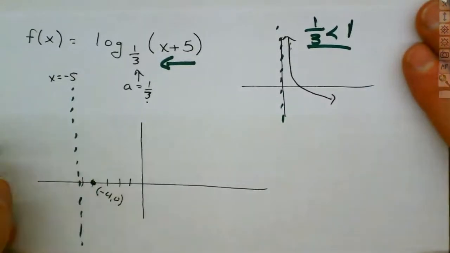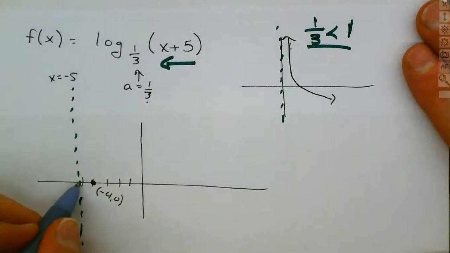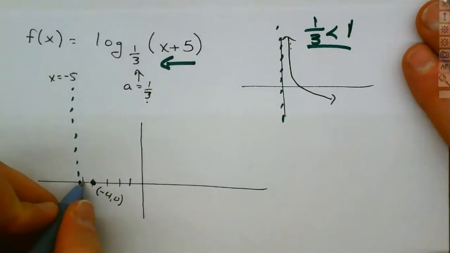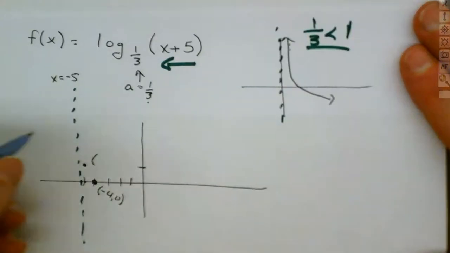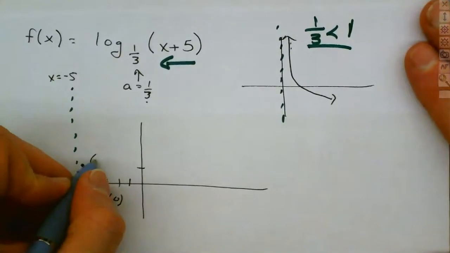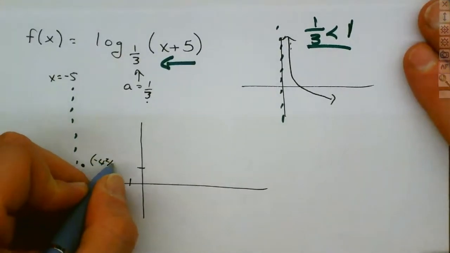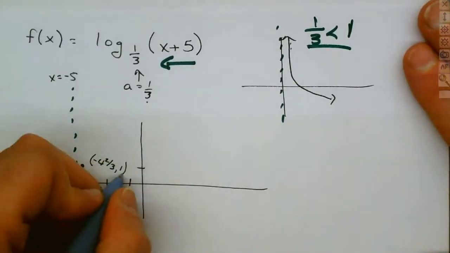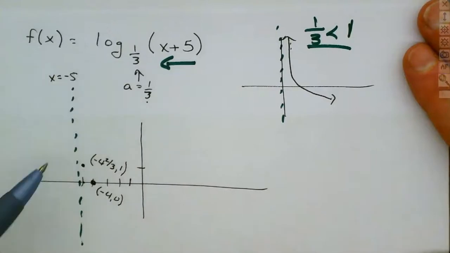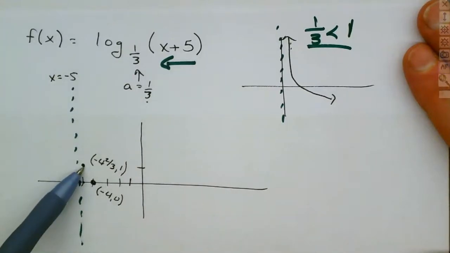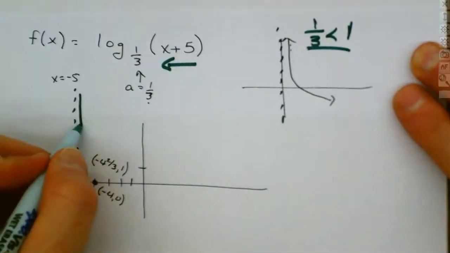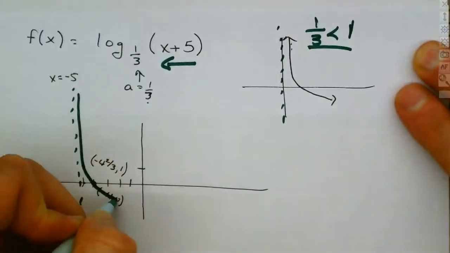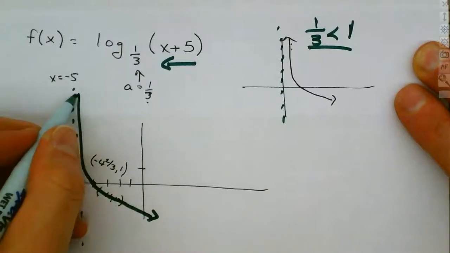So that's going to be, if we look at it from here, minus 5, we're going to go back about 1/3. And up still 1, so my new point would be right here at about minus 4 2/3, comma 1, right? Because we use that base of 1/3, so it's 1/3 back. Now when we curve it, it's going to look correct. And when we curve it, see, it looks like it should.